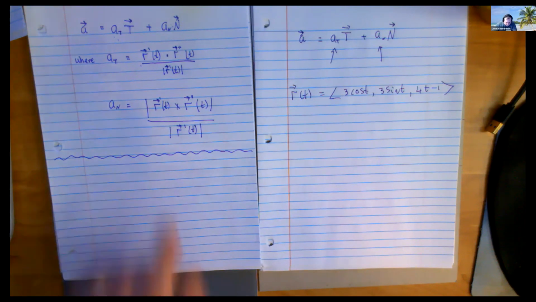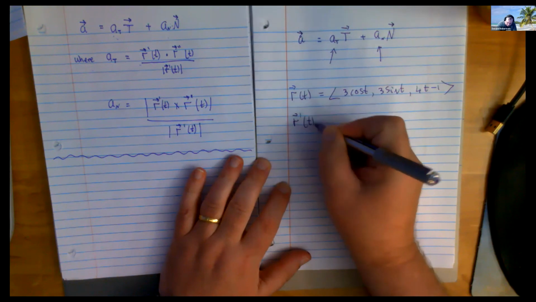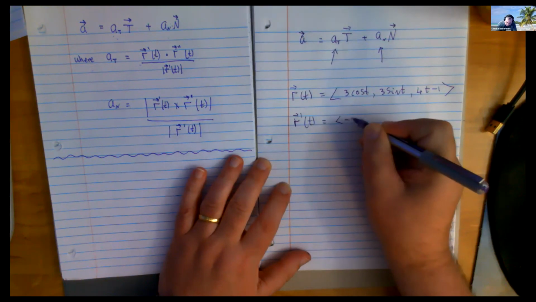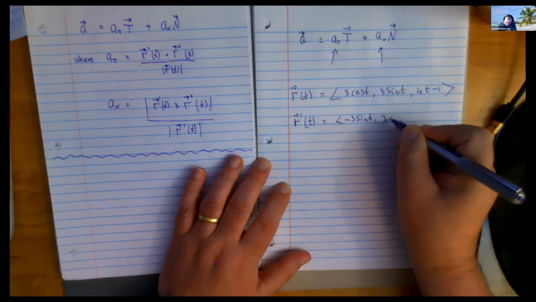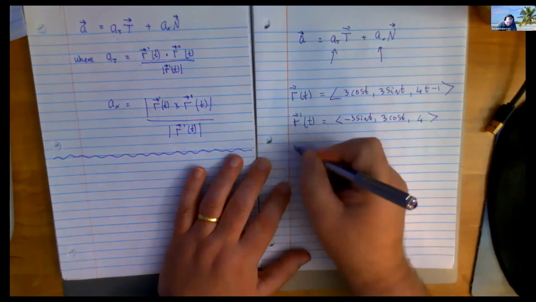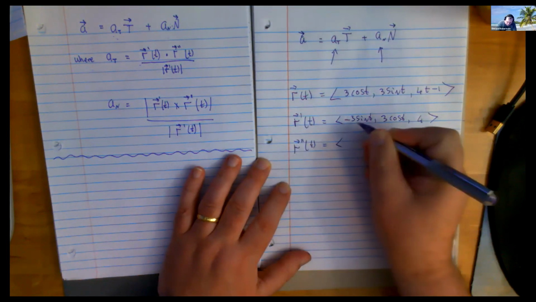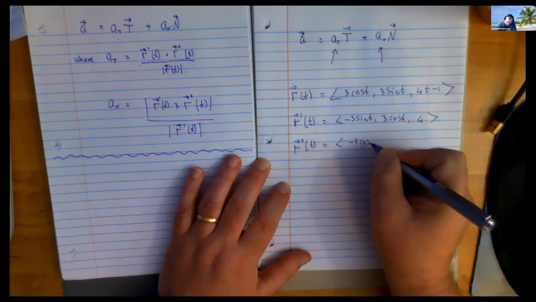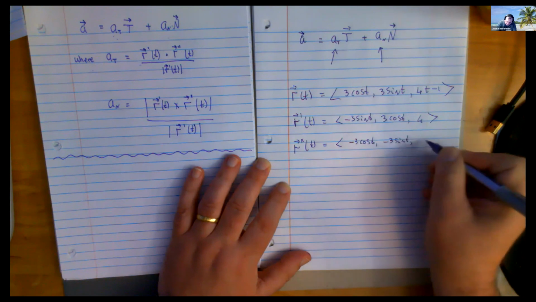So I need to find the first derivative, which in this case is negative 3 sine t, 3 cosine t, and 4. I need to find the second derivative, in which case negative 3 cosine t, negative 3 sine t, and 0.